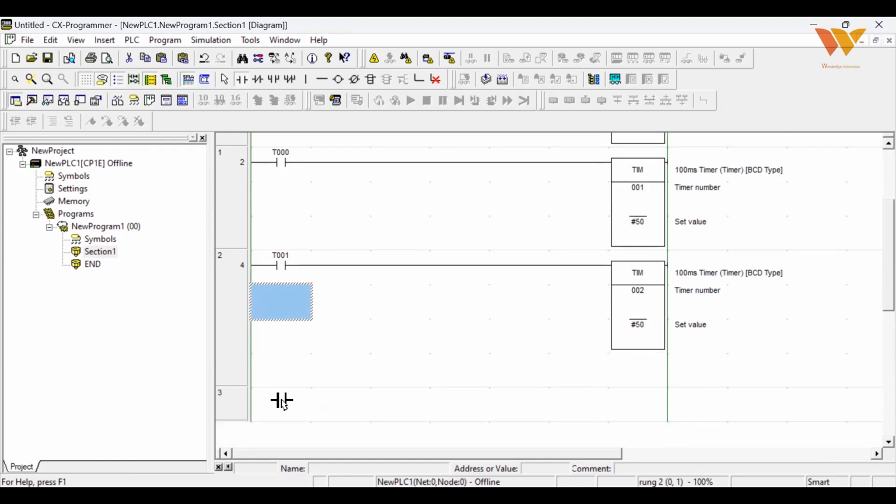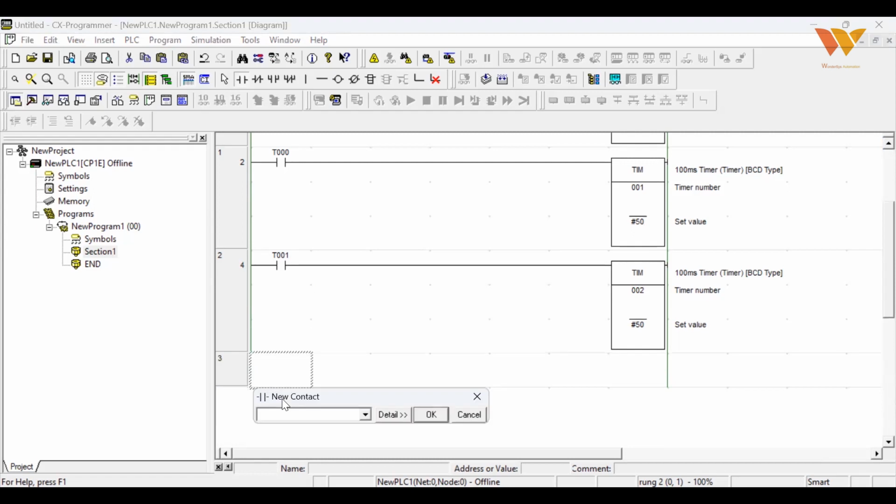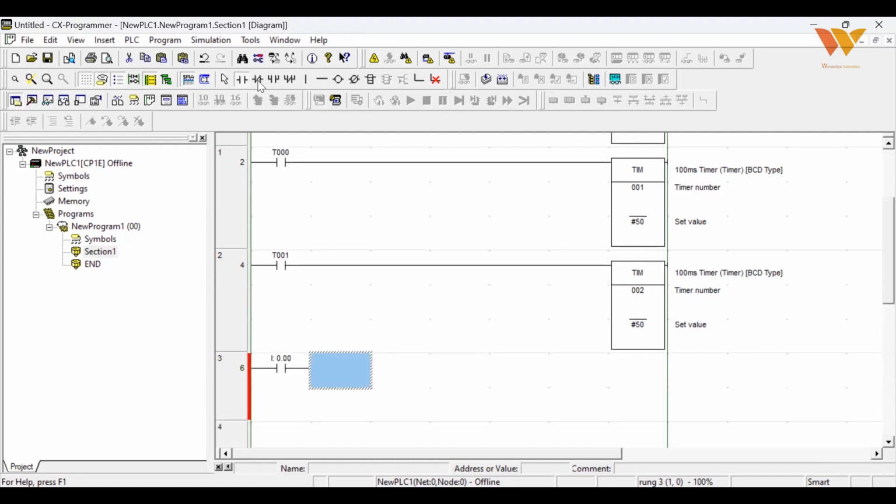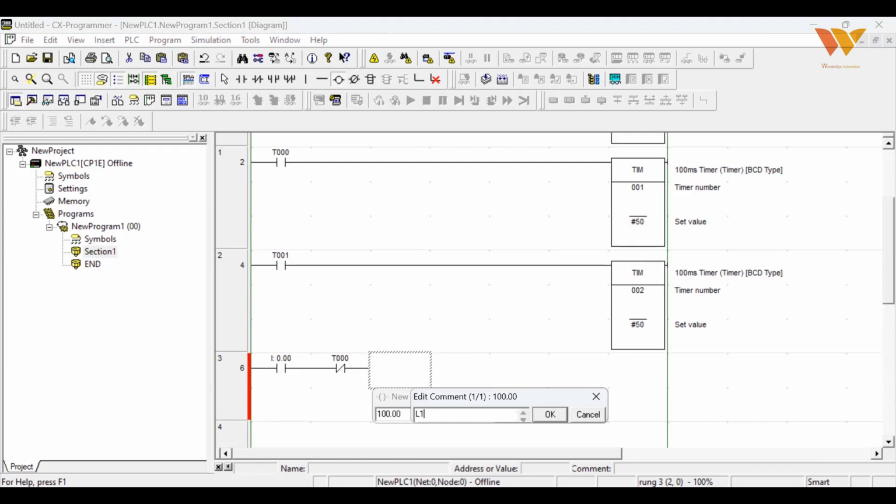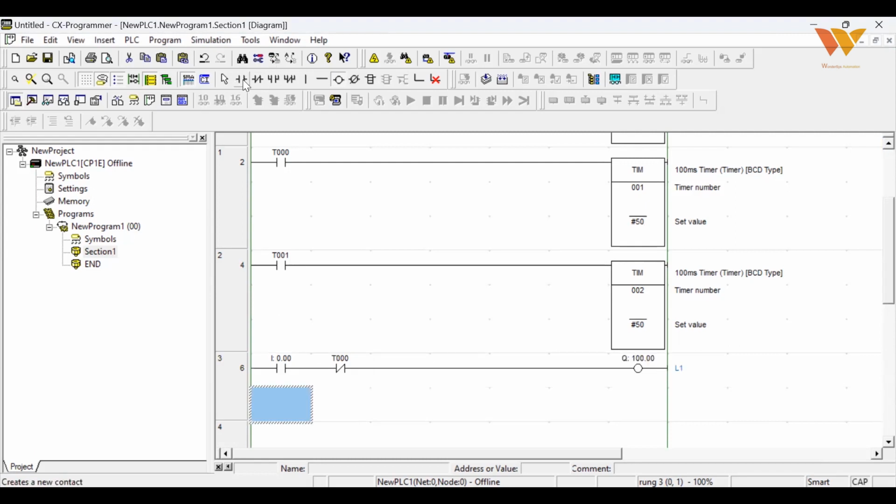Now, what is the first condition? L1 and L2 both should be on, correct? So I'll take 0.00, then T0, then output, and name it L1.